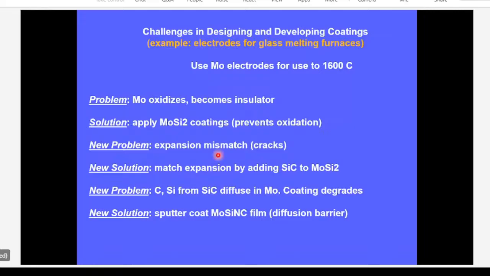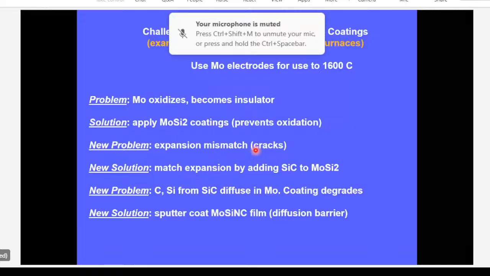So the expansion of the moly silicide coating there was a new solution that you sputter coat another film to create a diffusion barrier.